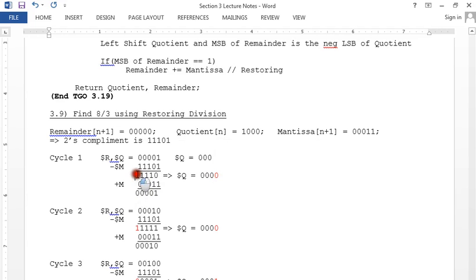So what I would do when I took this class was I'd draw a little arrow here, and I'd have a little negative along the arrow just to remind myself. So 1, and then this value becomes 0. So now we have 0, 0, 0, 0, 0 here. And then since the initial bit here was 1, we restore.